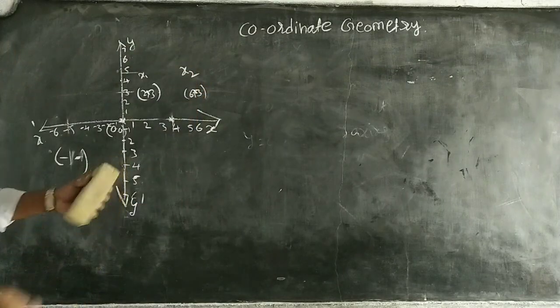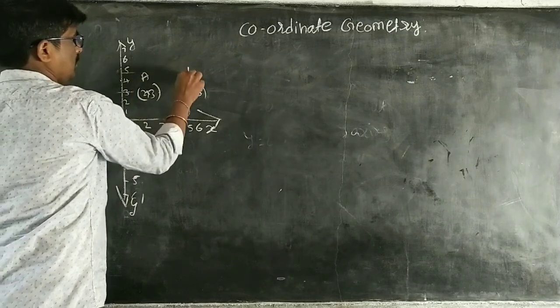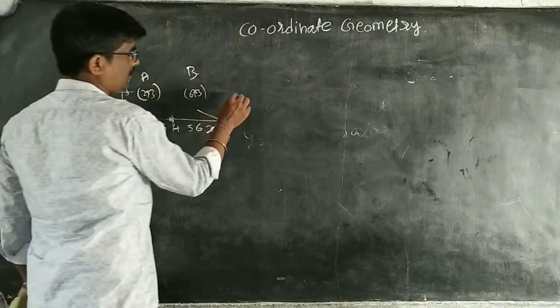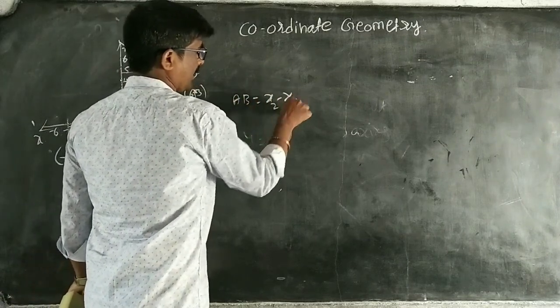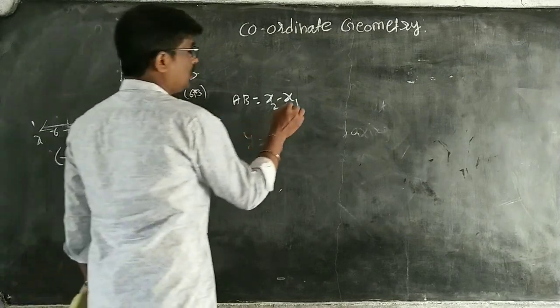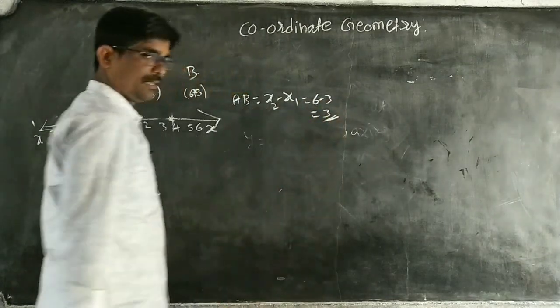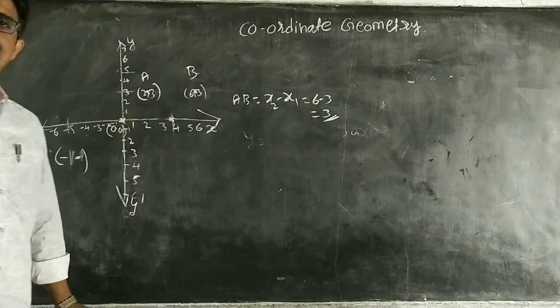The distance between A and B, since the y coordinate is already equal, is x2 minus x1. That is equal to 6 minus 3, that is equal to 3 units. The distance between these 2 points is 3 units.